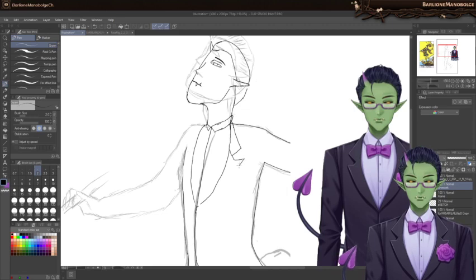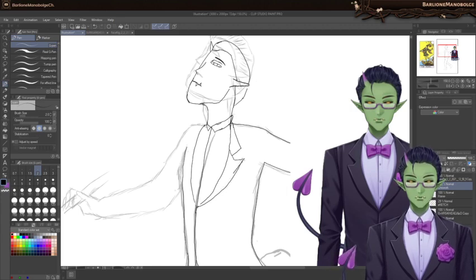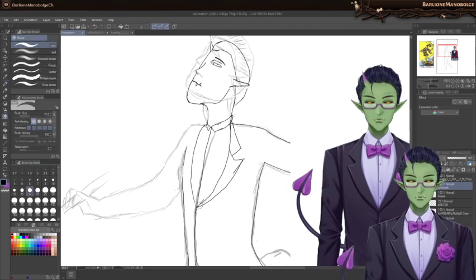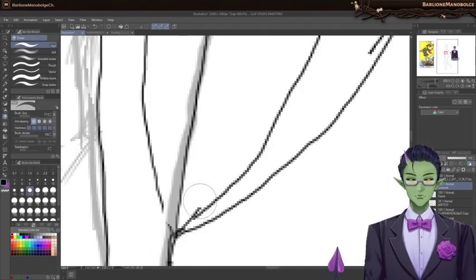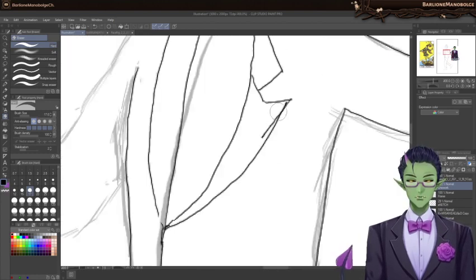Oh, drawing my clothes is like putting a puzzle together. Alright. Fortunately, I can use scissors to cut the puzzle pieces into shape.